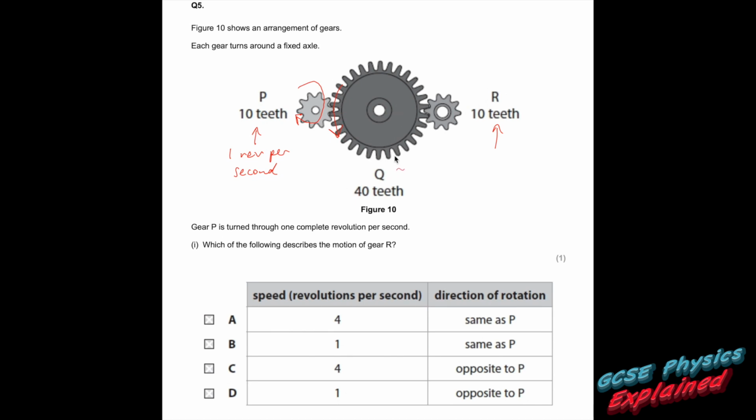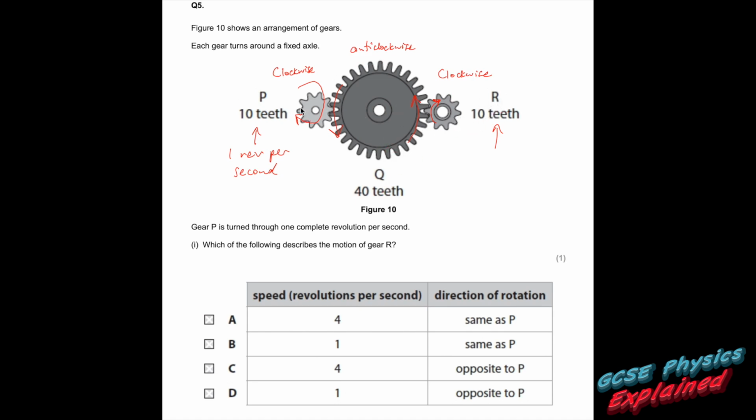Now if that goes that way, it's going to come up this way, and if this comes up this way, it's going to make this cog R go that way. Okay, so P is spinning clockwise, Q is spinning anti-clockwise, and R is spinning clockwise. We're not really bothered what Q's doing, we're only interested in R.